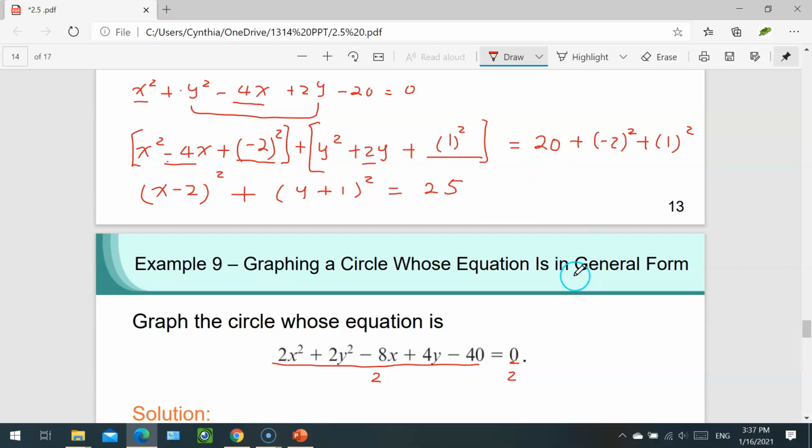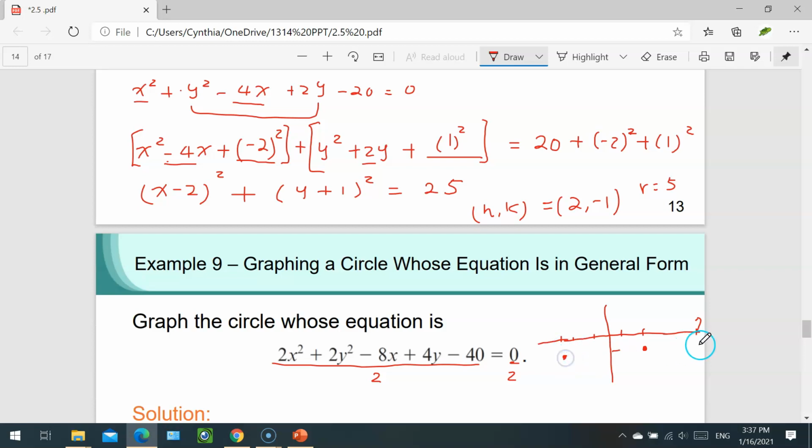So if I want to sketch the circle of this equation, h, k is at (2, -1), and the radius is 5. So we label the (2, -1), so this would be the center. So this is 7. Okay.